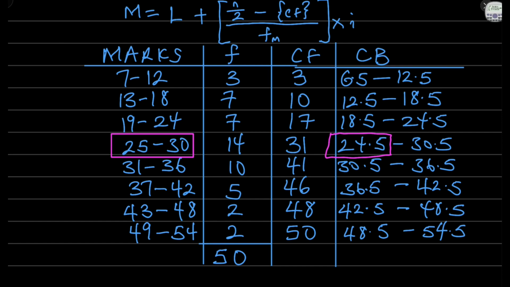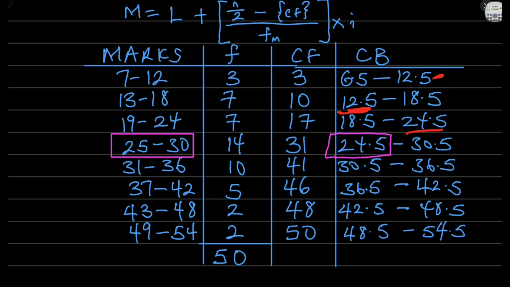Note that if we add an exclusive frequency distribution, this class boundary here is similar to the exclusive frequency distribution, because for the exclusive frequency distribution, the upper class boundary of the previous class is always the same as the lower class boundary of the next class.